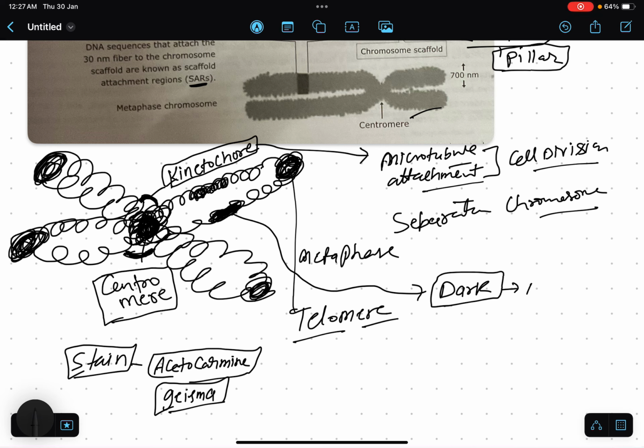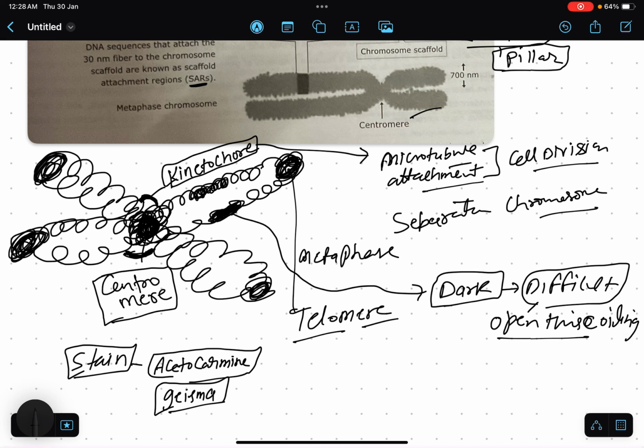And it is very difficult to open this coiling by the RNA polymerase.